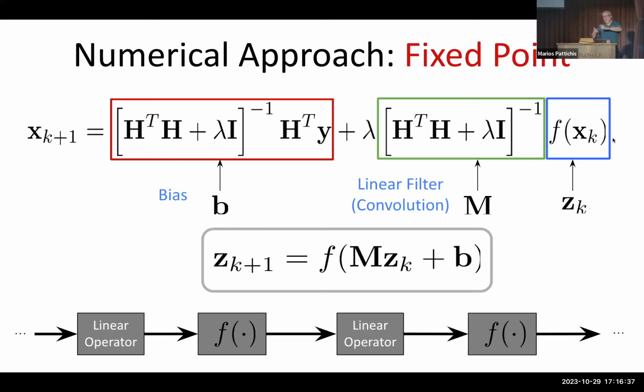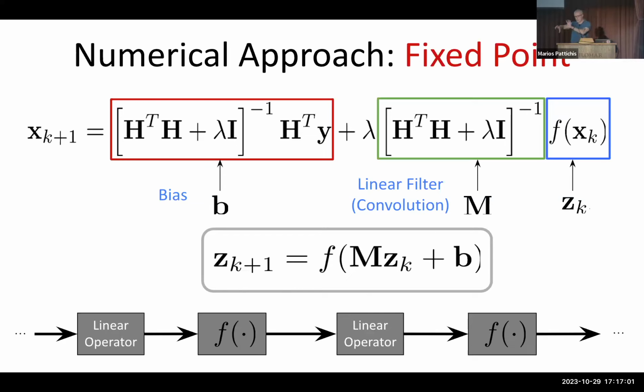I can slightly rename things and call f of xk zk. And then you'll see that the iteration just looks like this. You take zk, you apply a linear filter to it, you add bias, then you apply this f, which is a nonlinearity. So this looks very similar to one step of a convolutional neural network, right?